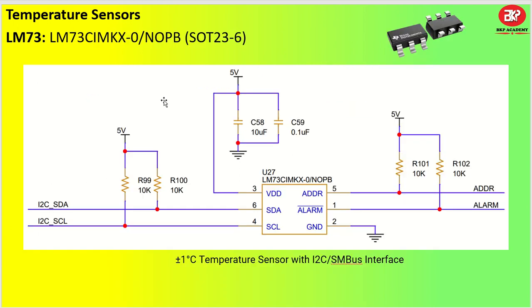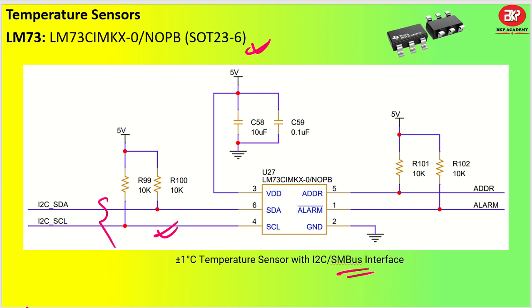Now let us take another temperature sensor, which is LM73. It has an SOT 23-6 package, and the best part is it has I2C or SMBus interface capabilities. So you can send the data through I2C lines.